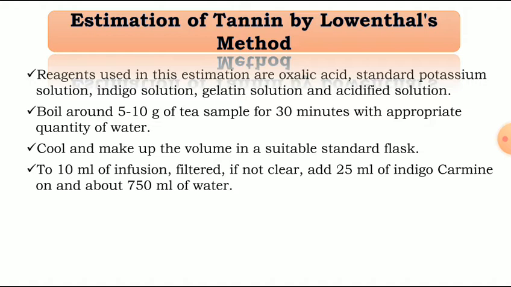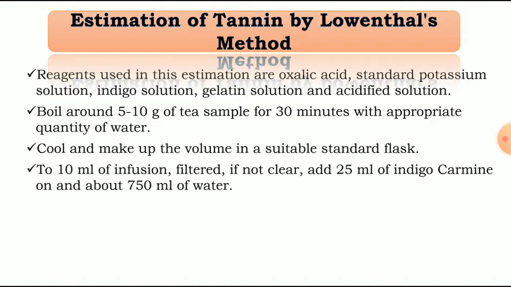That means when we mark up the volume in the 100 ml volumetric flask, then we have to see whether it is a clear infusion; if not, we have to filter the entire solution. We take 10 ml and add 25 ml of indigo carmine solution and about 750 ml of water.